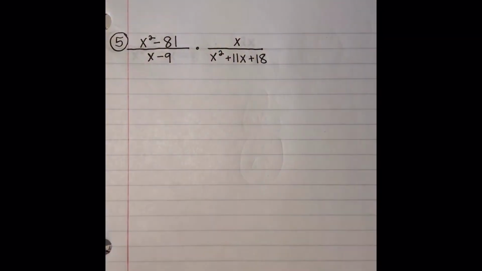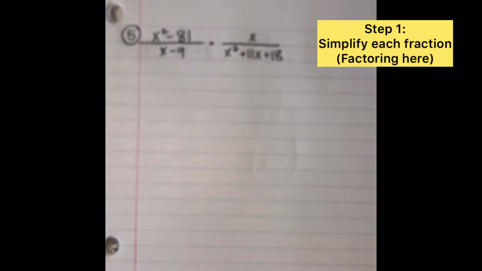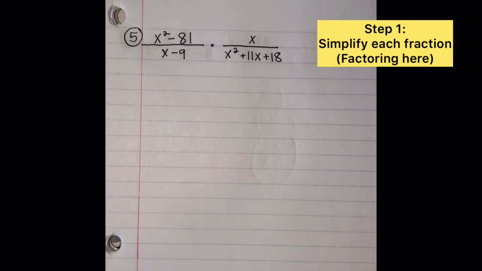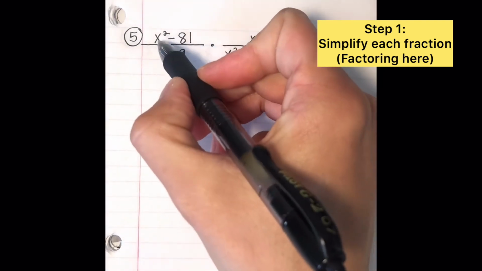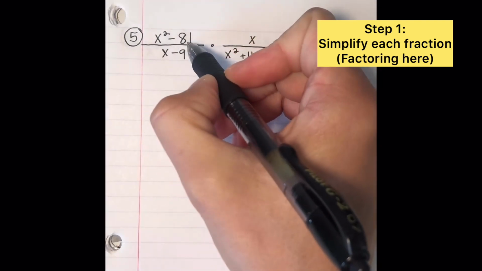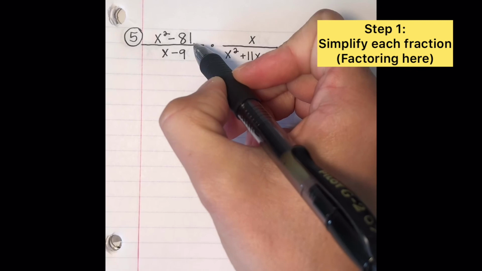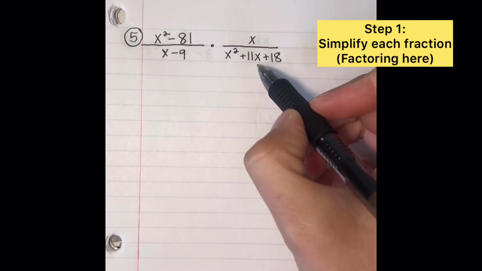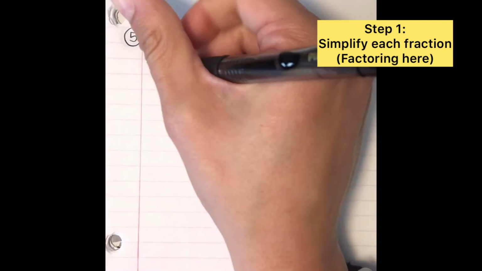All right, number 5. Same thing, we need to simplify before we try to multiply. The simplifying here will be factoring, so x squared minus 81 is a quadratic, so it can factor, and then also x squared plus 11x plus 18 can factor. So I'm going to go down here.